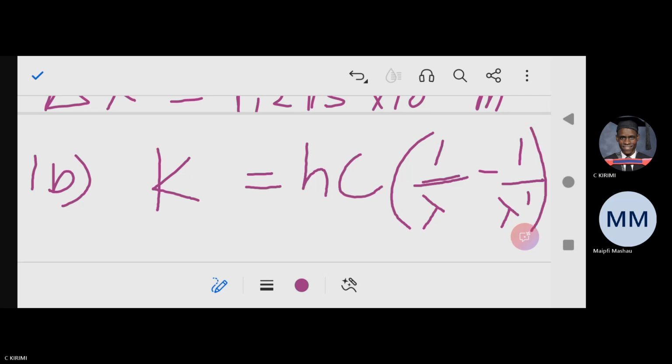The prime is the final wavelength. Clear?